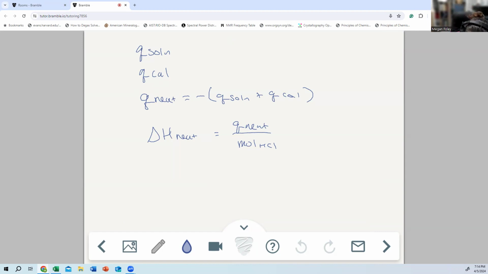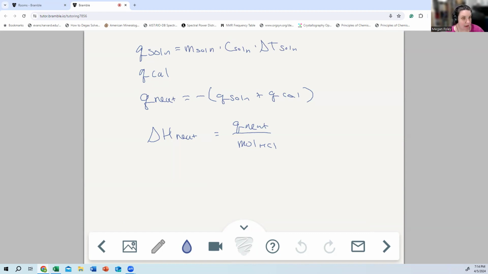So Q of our solution is going to be the mass of our solution times the specific heat times the delta T of our solution. The delta T of our solution we're going to find from our graph.